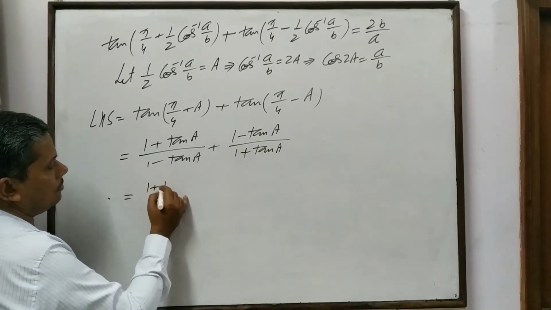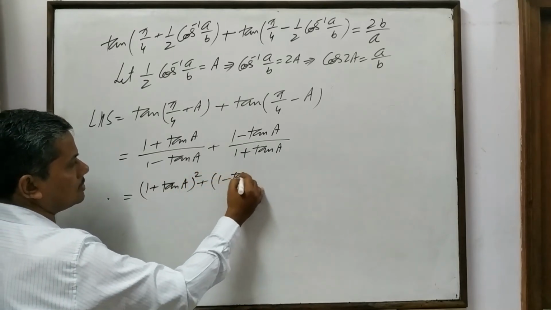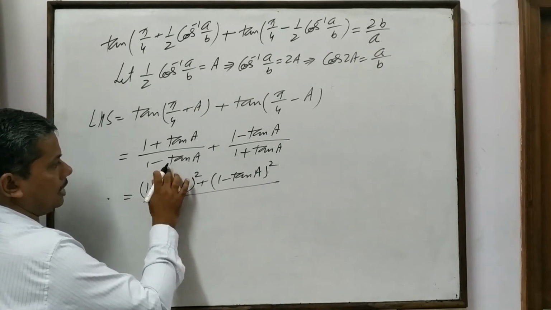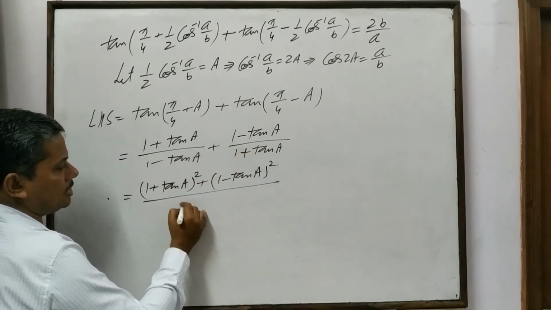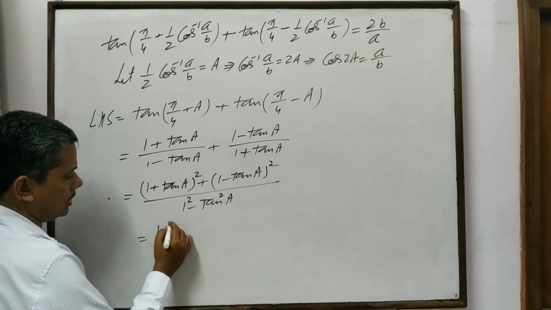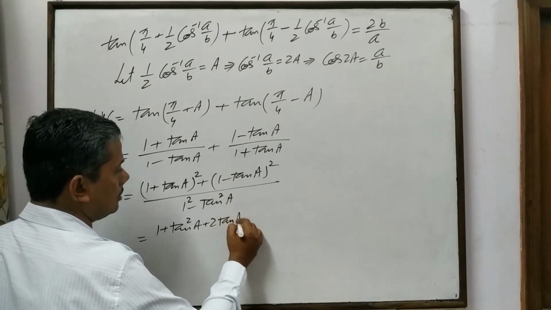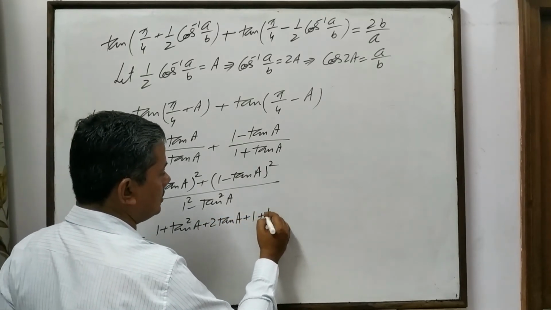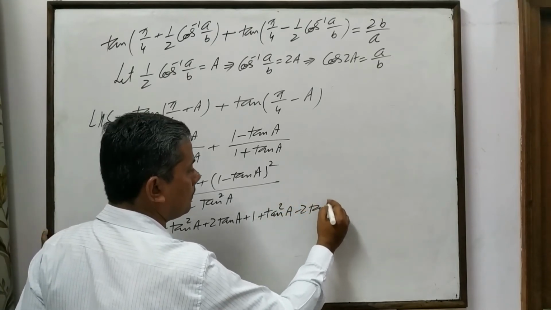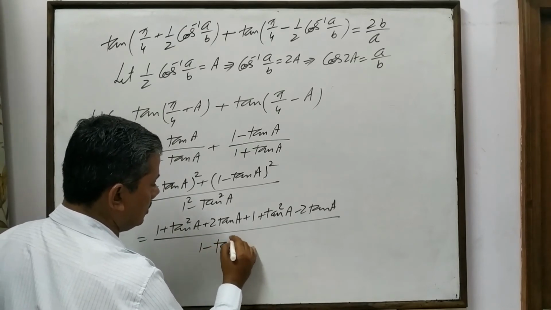LCM ले लो, 1 plus tan a the whole square plus 1 minus tan a the whole square upon a minus b into a plus b, a square minus b square, 1 minus tan square a. This is 1 plus tan square a plus 2 tan a plus 1 plus tan square a minus 2 tan a upon 1 minus tan square a.